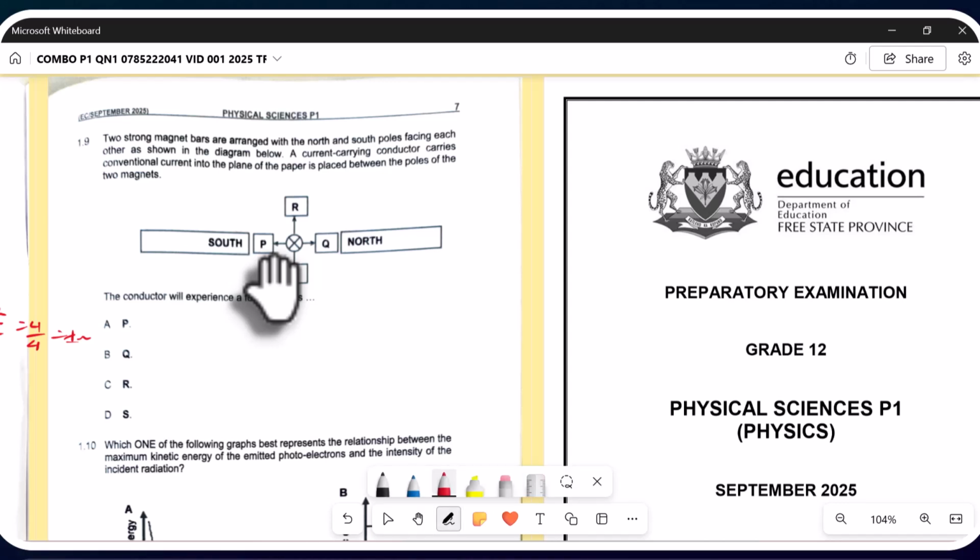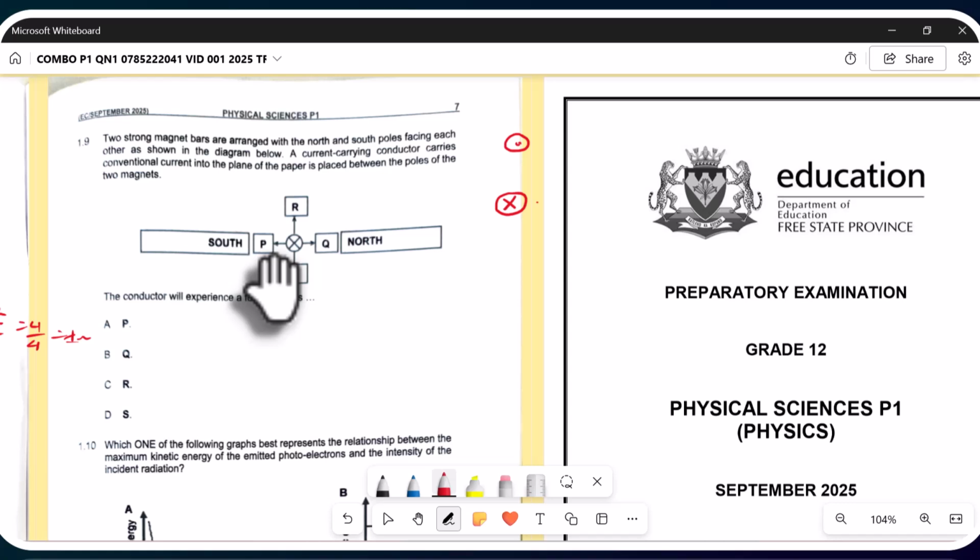And because the current is going into the paper, my middle finger is going to be pointing inwards. Because of that, I can see with my fingers that the thumb shows the force experienced by the conductor, and in that case it is upwards here.